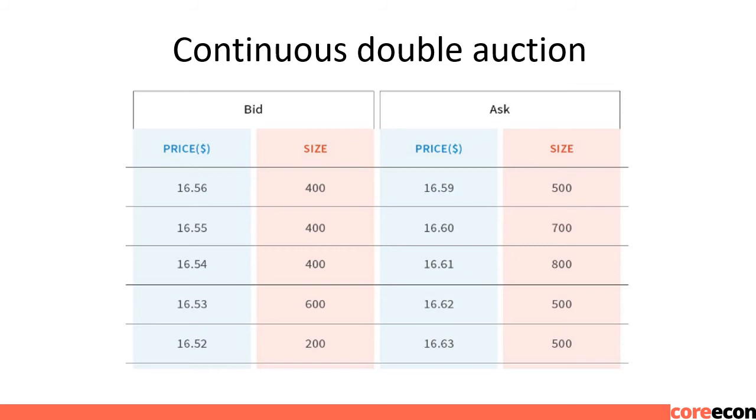If a bid comes in for 600 shares at $16.60, then 500 shares will be sold at $16.59 and 100 shares at $16.60. The order book will reflect those changes. From the ask list, the top entry will disappear and the number of shares available at $16.60 will go down to 600. Please watch the video by Rajiv Sethi in the textbook demonstrating how a continuous double auction works.